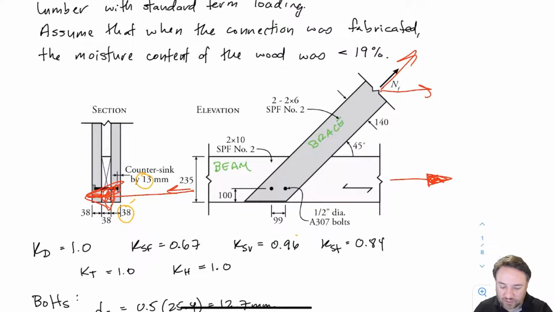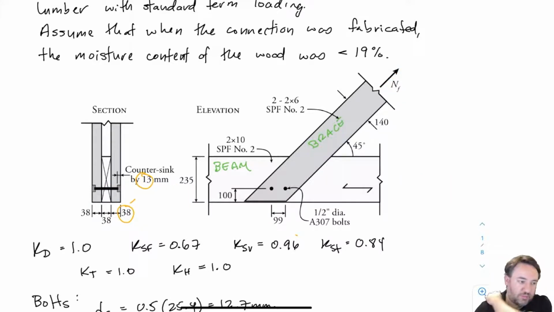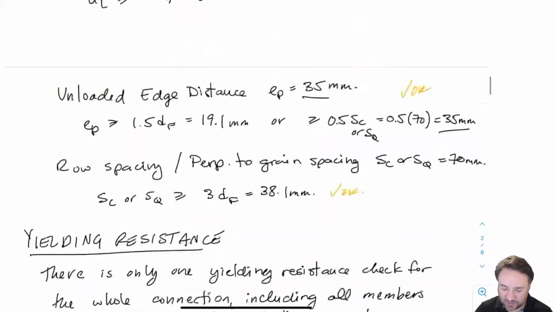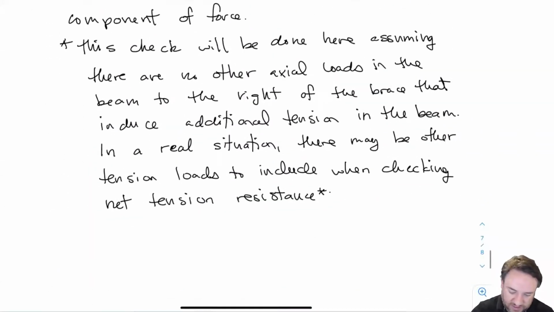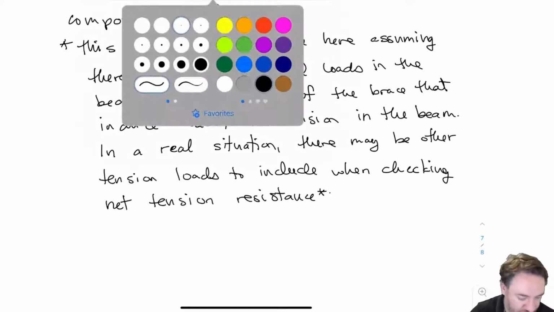So right now I'm assuming that those loads don't exist because they're not specified. Okay, but it's just a warning that if I'm checking net tension in the beam itself, I need to consider all of the tension loads that are on that beam, not just one that comes from whatever brace is immediately at that location. Okay, but I'm going to assume that that's the only net tension load.